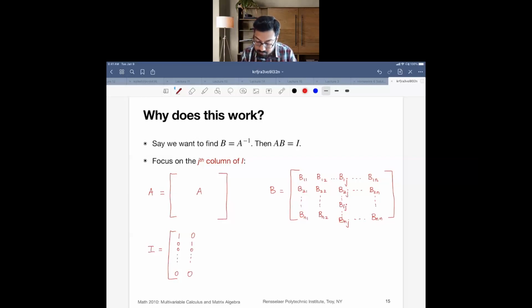zeros. And for the jth column, what are you going to have? 0, 0, 0, and then j somewhere, 1 somewhere, and then zeros will continue. And then this series will go through. The last column will have a 0 up front, but it'll have a 1 all the way at the bottom here.